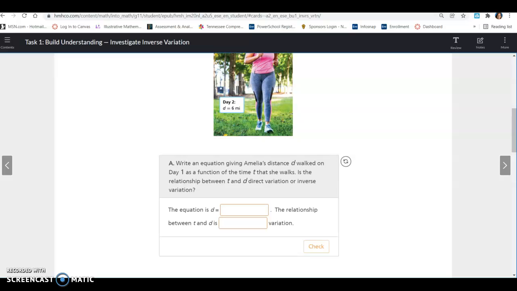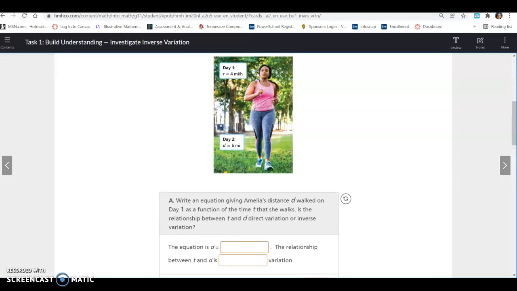All right, so it says write an equation giving Amelia's distance d, walked on day 1, as a function of time t that she walks. Is the relationship between t and d direct variation or inverse variation? All right, so for day 1, she has a rate of 4 miles per hour. So that's going to be 4 times however much time goes by.